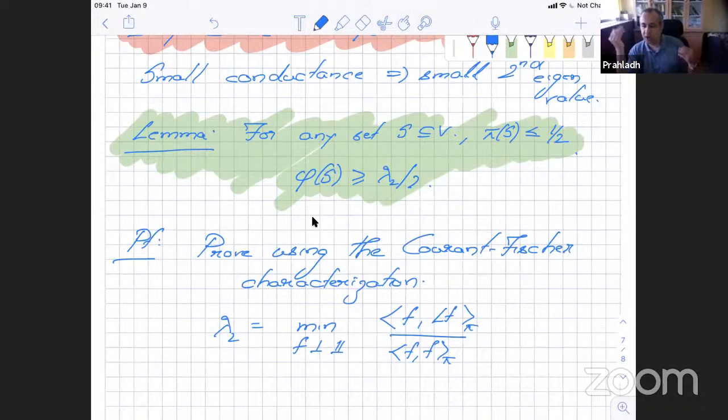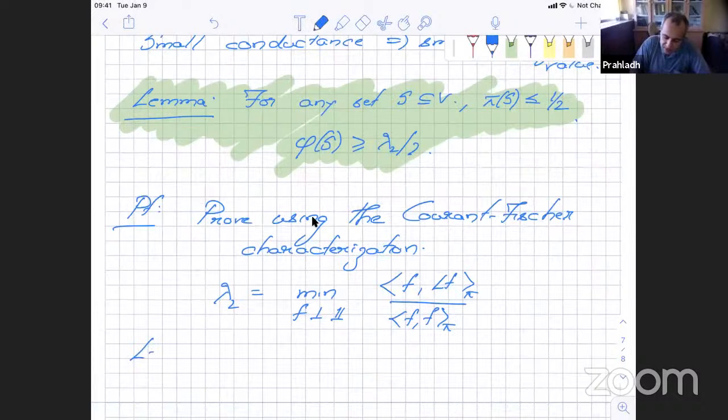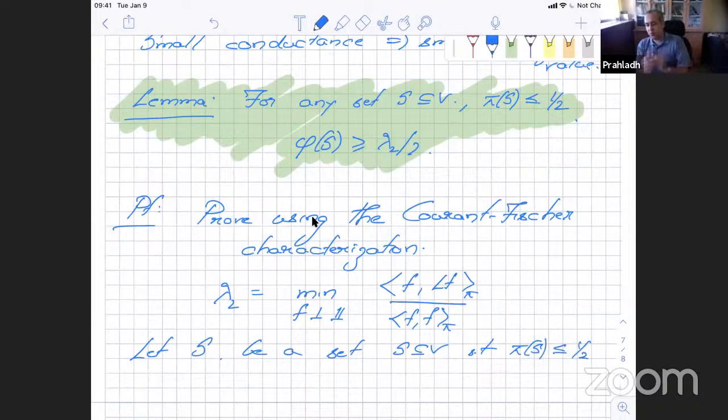So what's a natural choice for this f? Let S be a subset of the vertices such that pi of S is less than or equal to half. The total weight of S is not more than half.